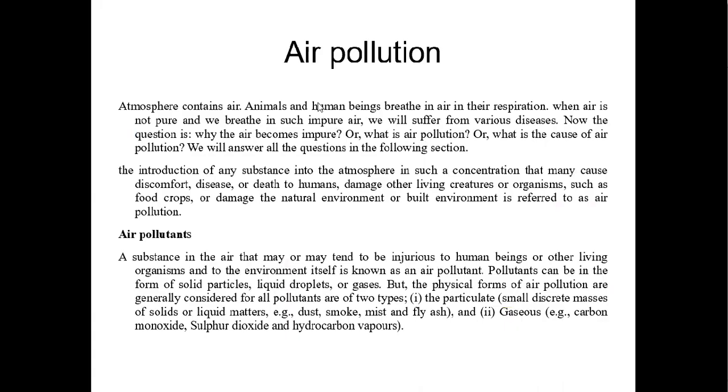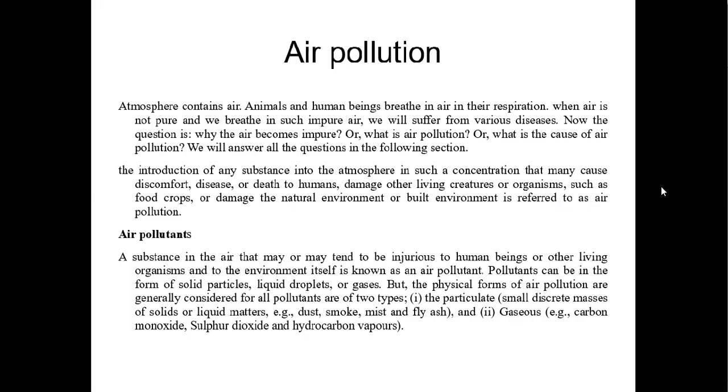And we go for air pollution. Pollution of the atmosphere is known as air pollution. Any unwanted substances or contaminants entering into the atmosphere cause air pollution. There are so many types of air pollutants, like carbon dioxide, carbon monoxide, and depending upon the sources of generation, these are divided into two types.